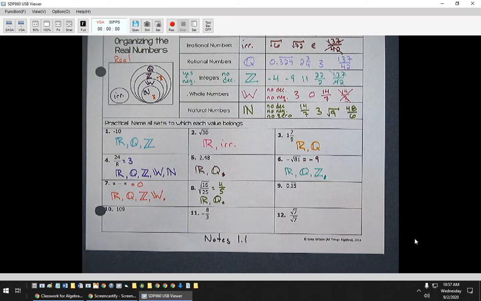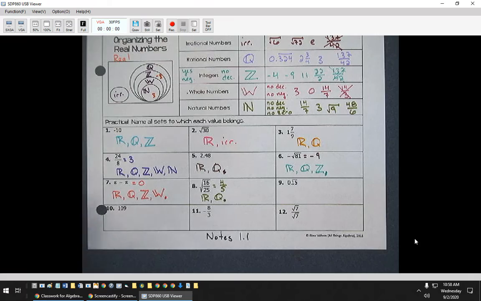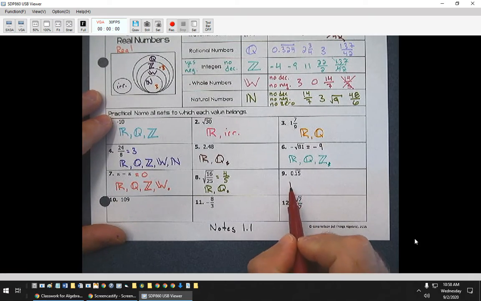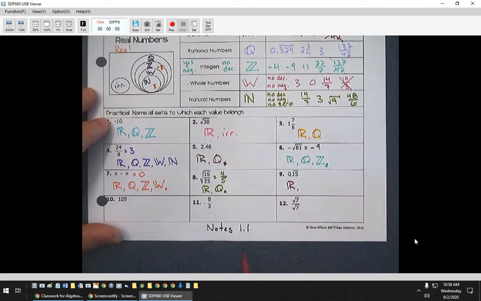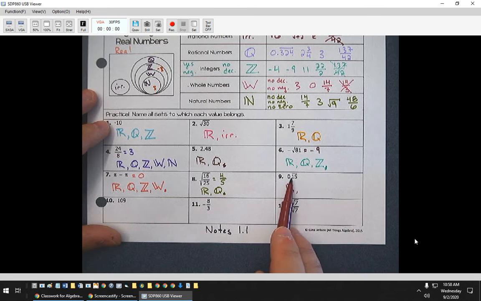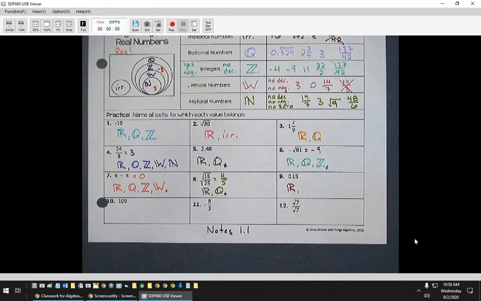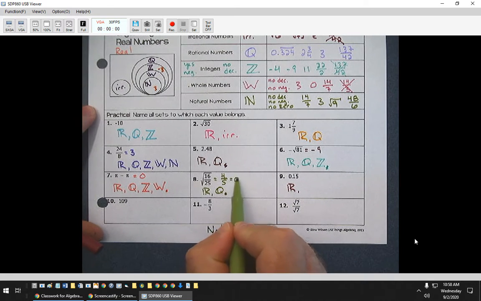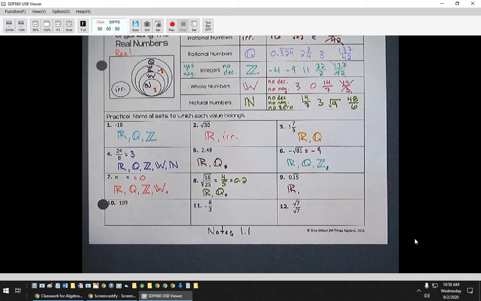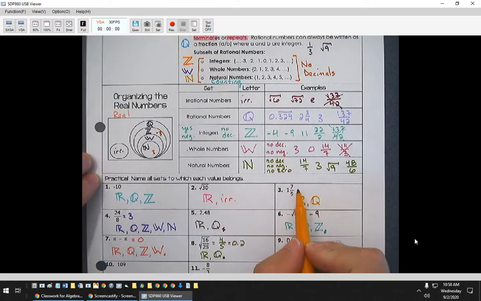0.15. Pause it. I'm going to just keep going, but you should pause it after each one of these that we do together and try it on your own. It's a real. As a decimal, does it terminate? That equals 0.2. I'm going to go back a little bit here, folks.